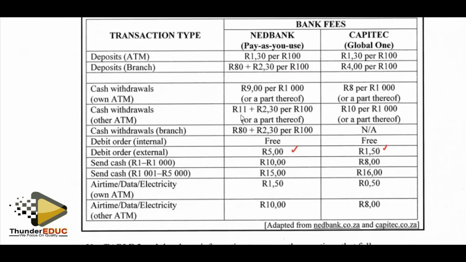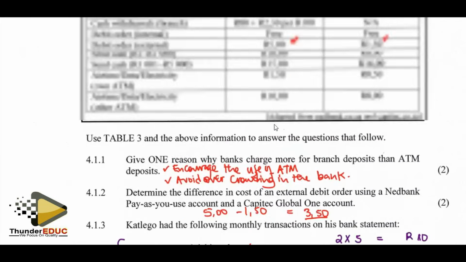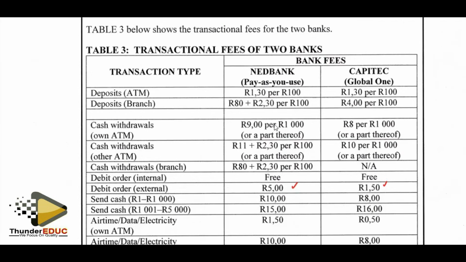Then he withdrew 450 at another bank, and at another bank they will take, first and foremost, 11 rands plus 2.3 per 100 or part thereof. The 450 will be counted as 500. So how many hundreds?